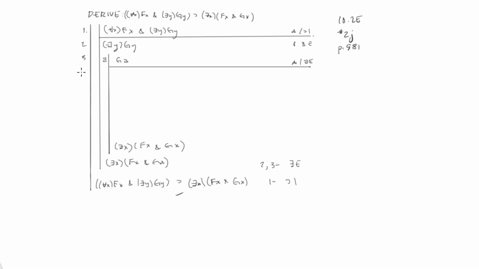It's also possible to just start moving down our proof by looking at rules we have an opportunity to apply. So we've already broken off the right-hand conjunct from line 1. Let's break off the left hand: for all x, fx. That comes from line 1, conjunction elimination. And then what we'll do is instantiate that universal generalization.